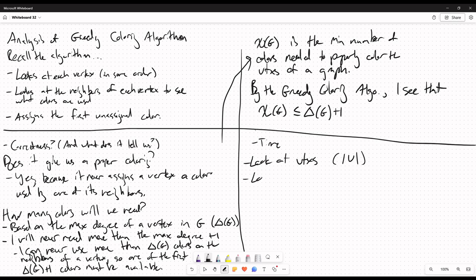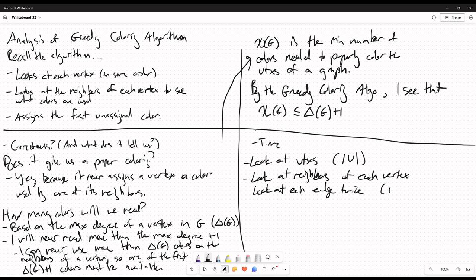And then we look at the neighbors of each vertex. Whenever we're looking at the neighbors of vertices, that basically means that we're going to look at each edge twice.